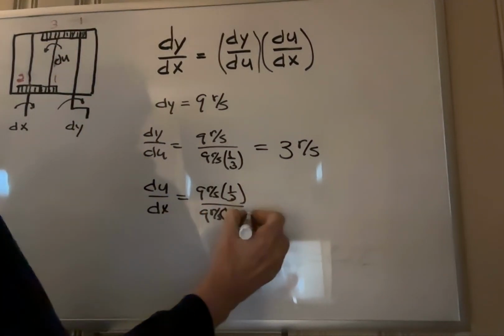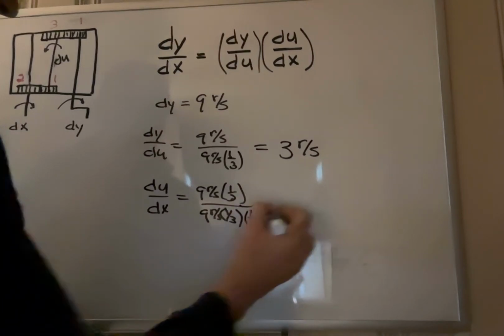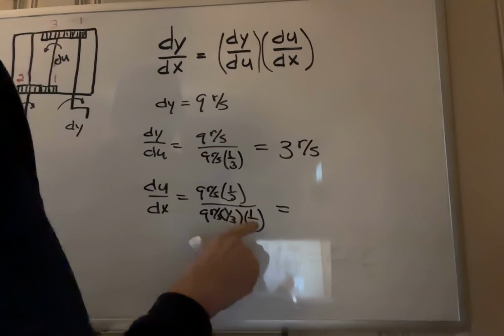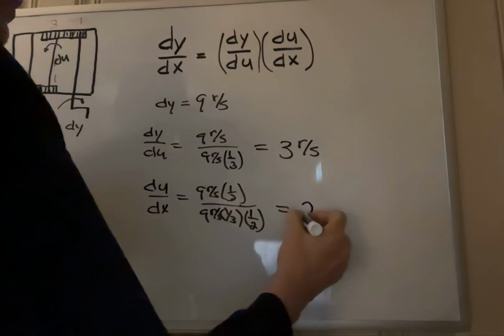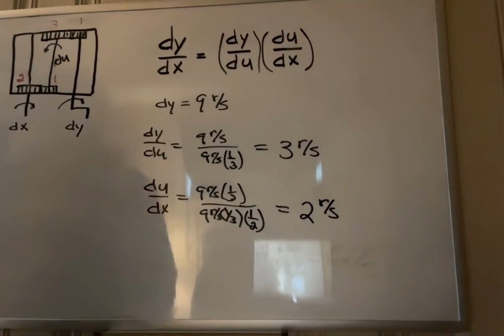We're going to take this times 1/2 because it's my gear ratio that I'm looking for. When we divide out the 9s, we get 6/1 times 3, and we end up with 2 revolutions per second.